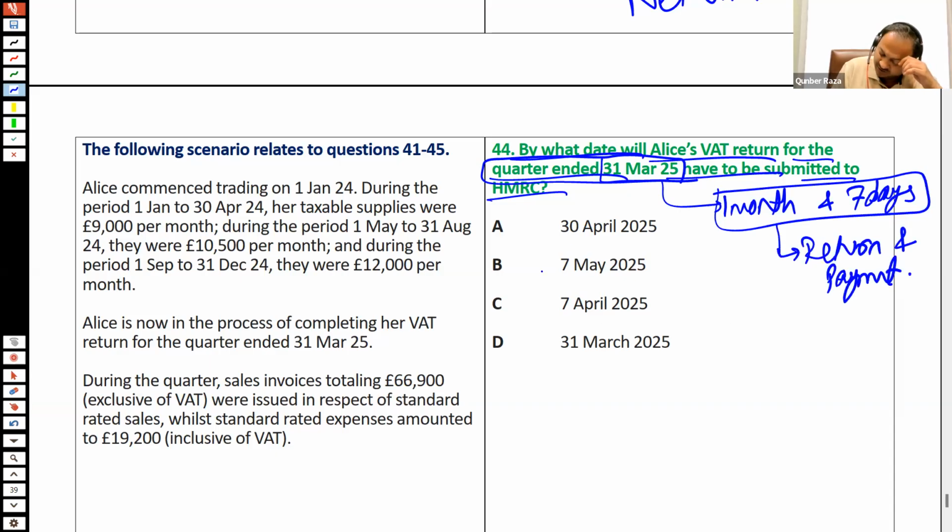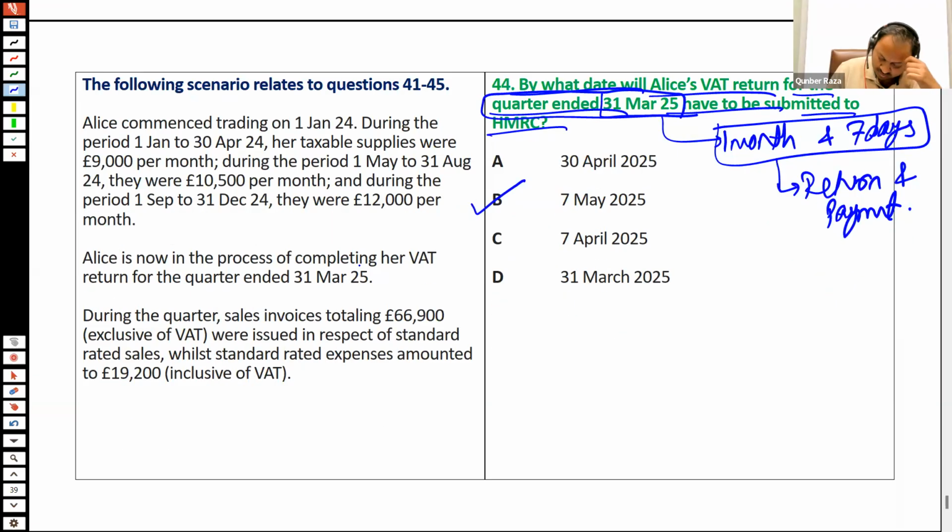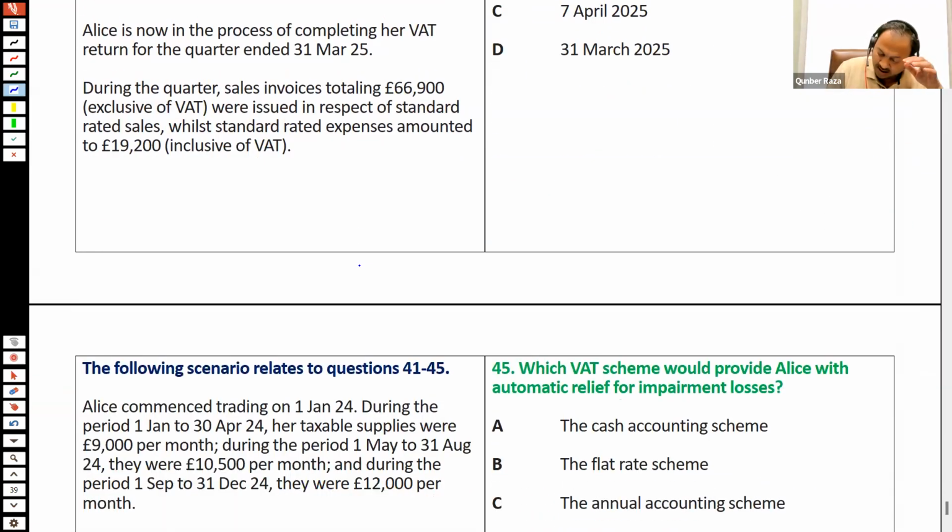So if 31st March 25 is the relevant quarter end, then the due date would be 7th March 2025, right?